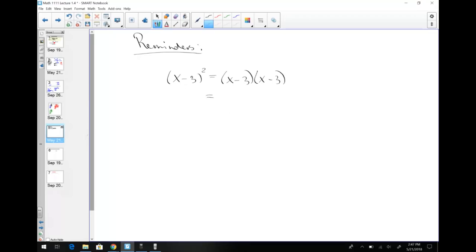When you do all the FOILing, you have x squared minus 3x minus another 3x plus 9. Notice the middle term: it's negative 6x plus 9. So with x minus 3 squared, you have to be really careful. It does not equal x squared minus 9.